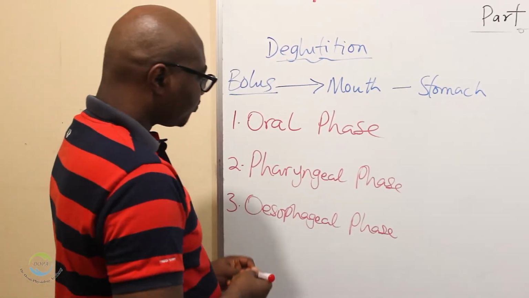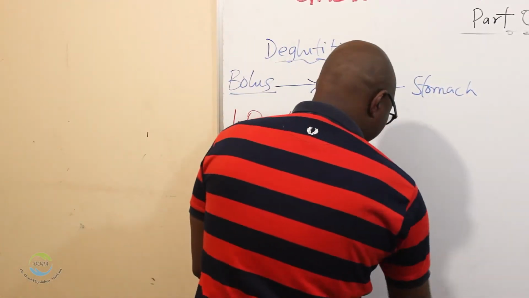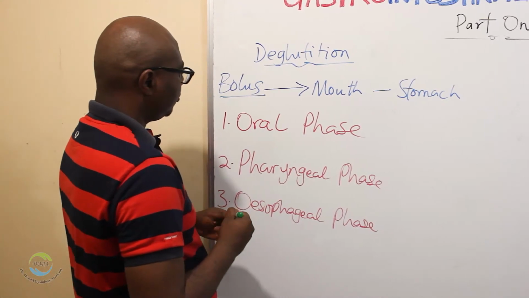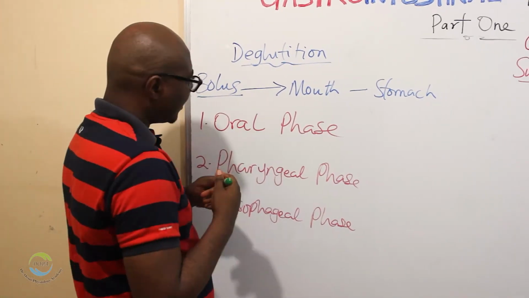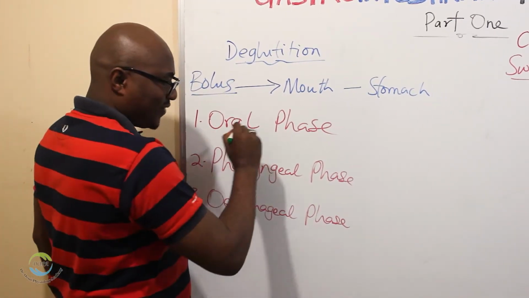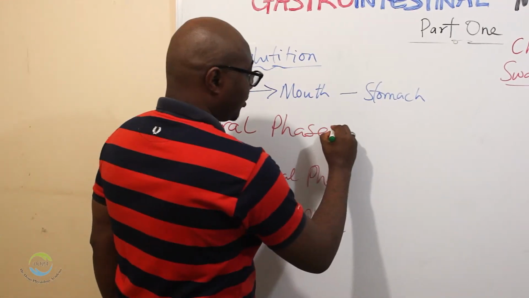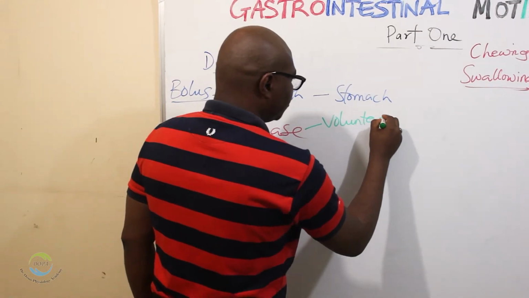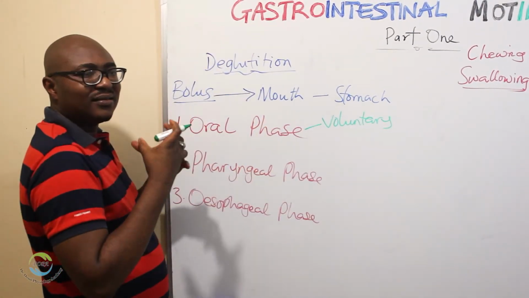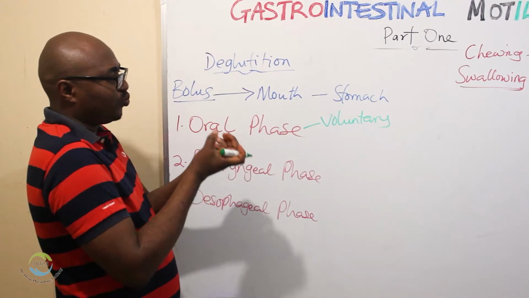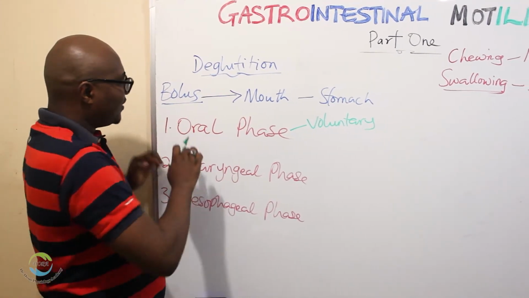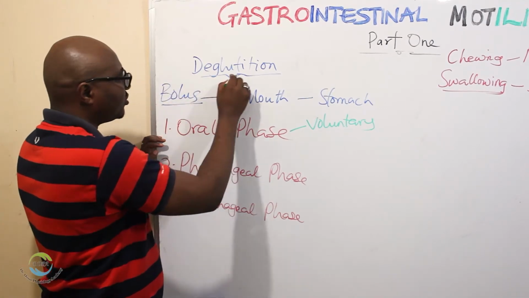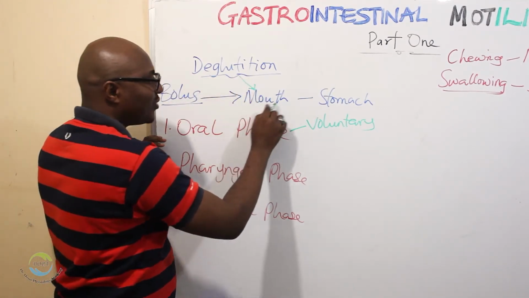Okay? So, now what happens in the oral phase of deglutition? The bolus of food has been formed. Now, this phase, one important point you need to know is that it is voluntary. It is controlled by skeletal muscles that help to push the food. So, when we want to know the whole of deglutition, it is this movement from mouth to stomach.